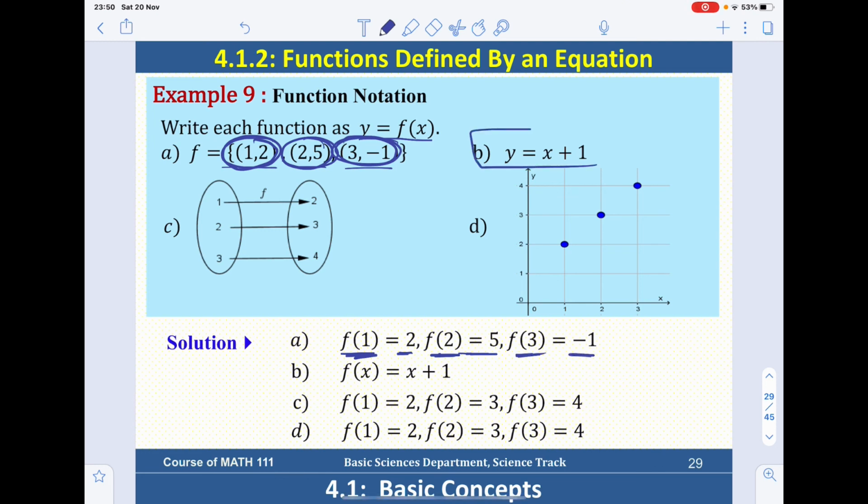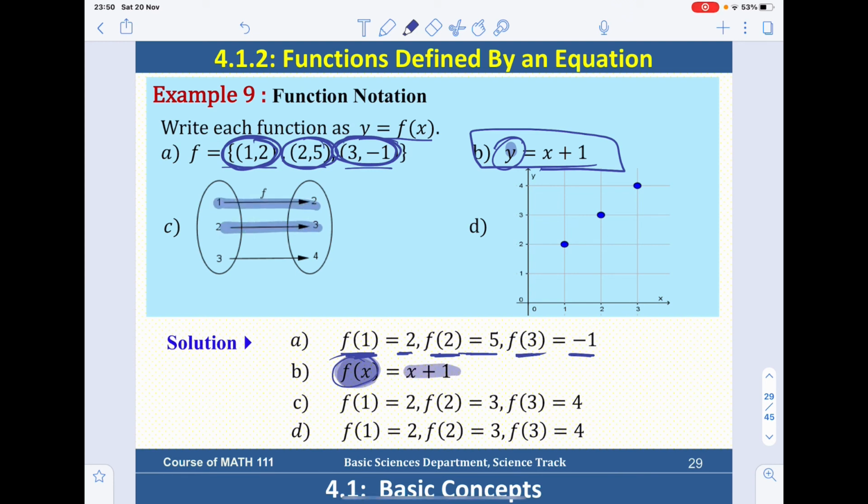Okay, for b, y equals x plus 1, we can just replace y and write f of x. So f of x equals x plus 1.